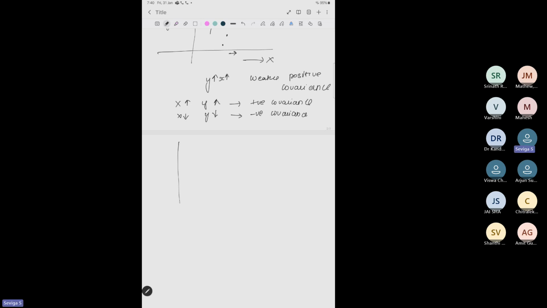So how can I express negative covariance? When y is decreasing, x is increasing. When y is decreasing, x is increasing by a small amount. So this is weaker negative covariance.